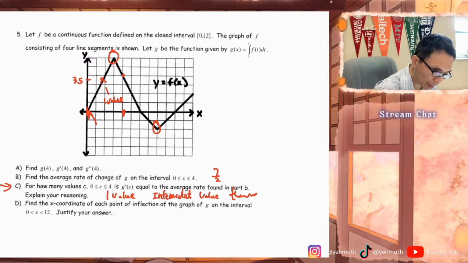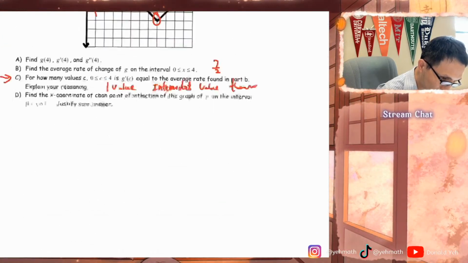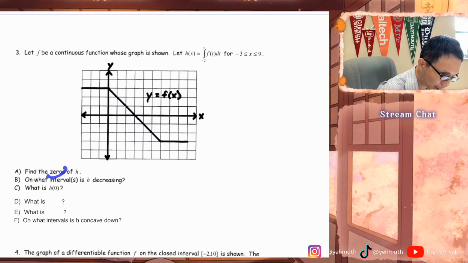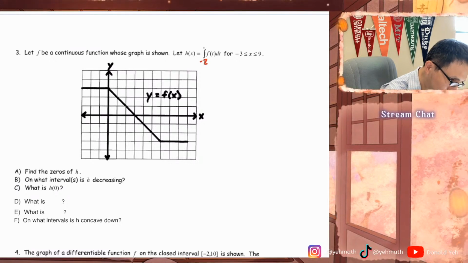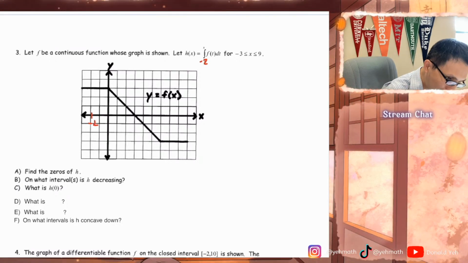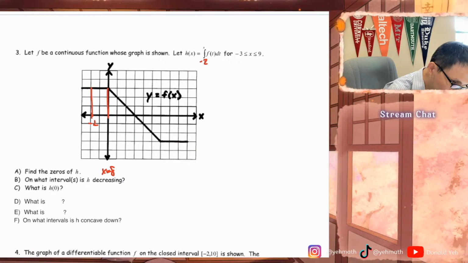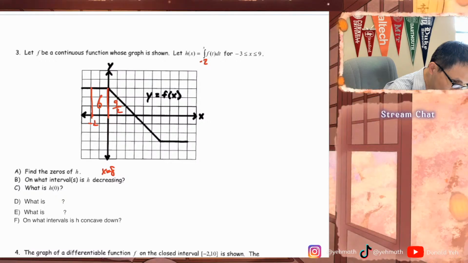Also, another commonly missed question, I forgot which one it is, I think it's this one here. They say finding the 0. Now remember the answer is at -2, right? I say the answer is at 8. Why? Because this part here is 6, right? And this one's 9/2. What did you say?